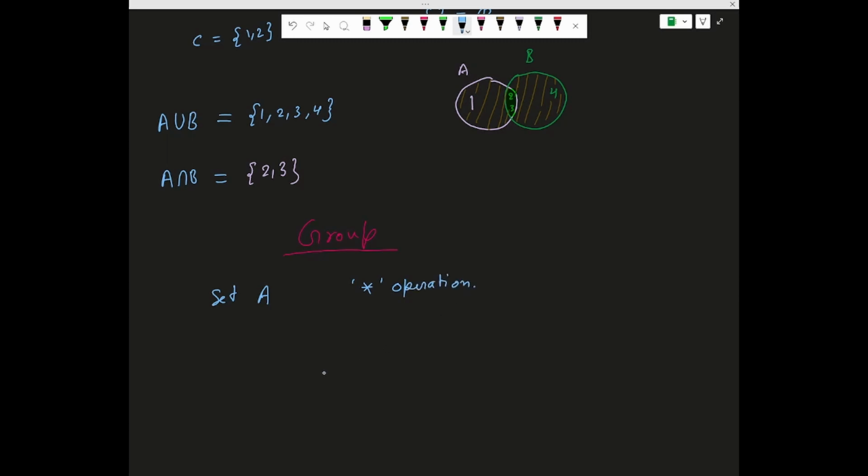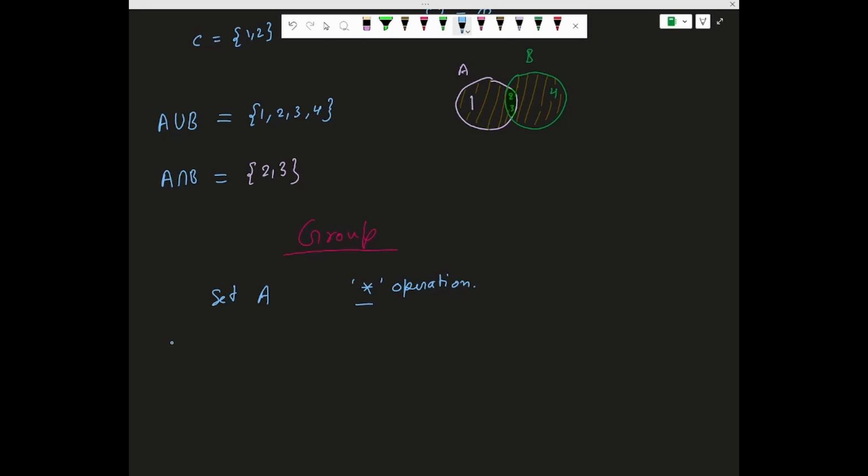If it is a group, we represent it this way, as A comma star. If not, then we leave it. So what is the condition for A being a group with respect to this star operation?